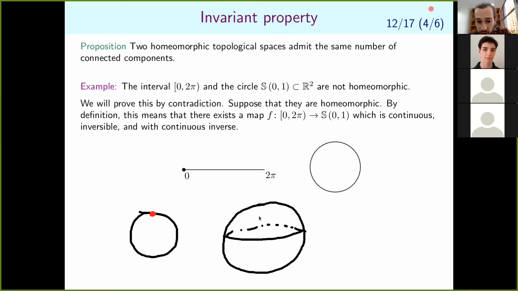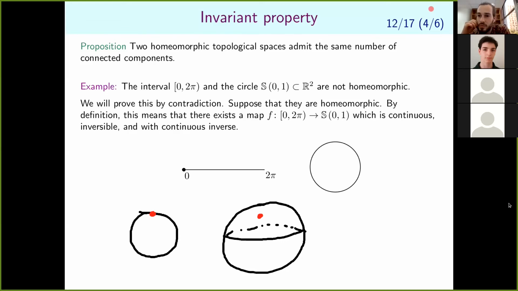It has an image here. But I'm stuck here because the circle without a point has one connected component, and the sphere without a point also has one connected component. So this does not work.